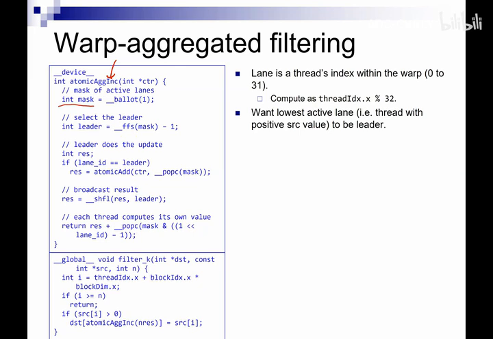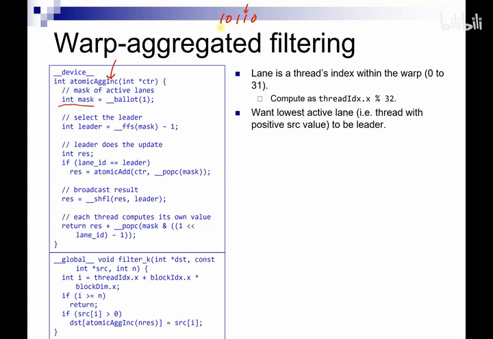If you have a binary number, let's say 10110, it finds the first set bit in this number. In this case, it's this bit over here. You need to subtract 1 from this because of the off-by-1 thing, and then this is our leader.